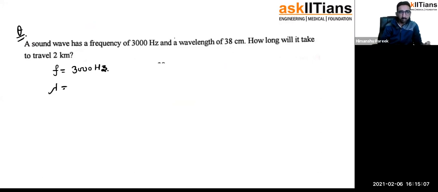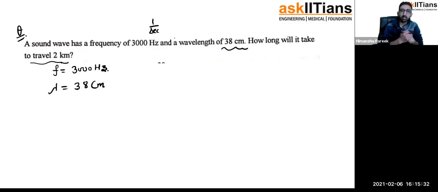And wavelength is given as 38 centimeter. So this is in 1 by second, you should not forget this, and this is in centimeter. How long will it take to travel 2 kilometers? So first of all, you look at the units. Units are completely different. It is said that 3000 hertz is the frequency and the wavelength is 38 centimeter.